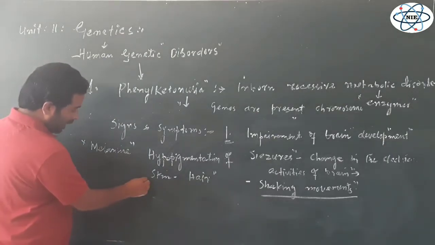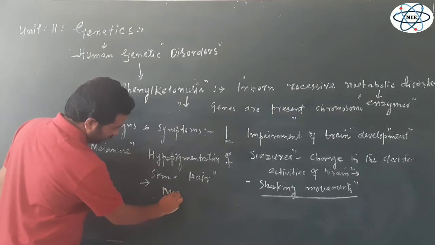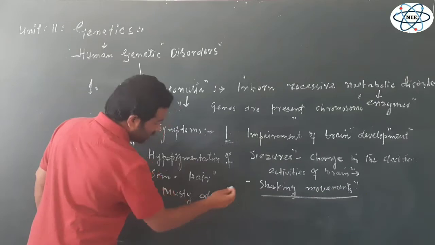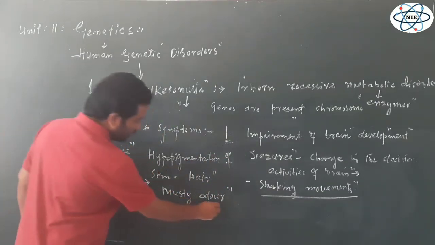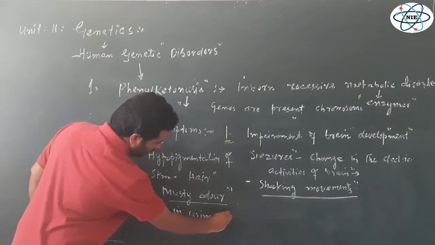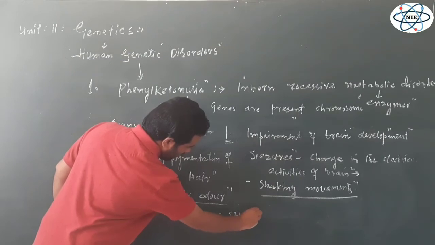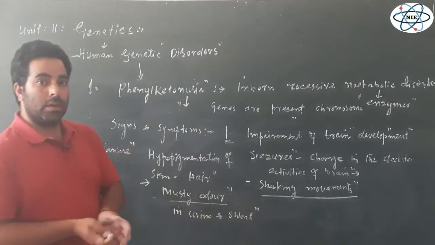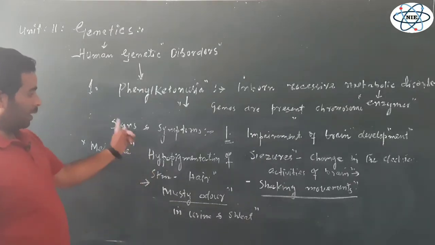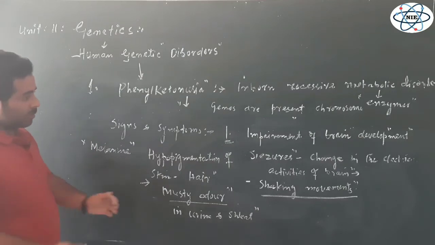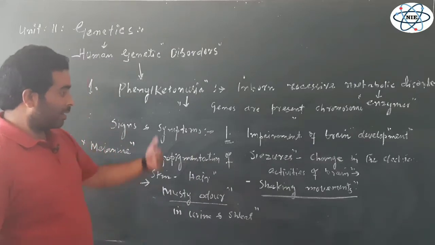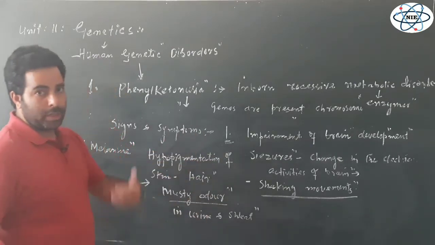Due to the accumulation of phenyl acetate, there is musty, mouse like odor or smell in urine and sweat, right? So these are some symptoms, some signs when the phenylalanine and its metabolites get accumulated in the blood and the body fluids, right?